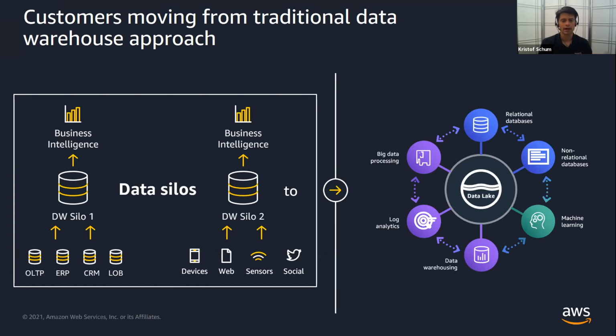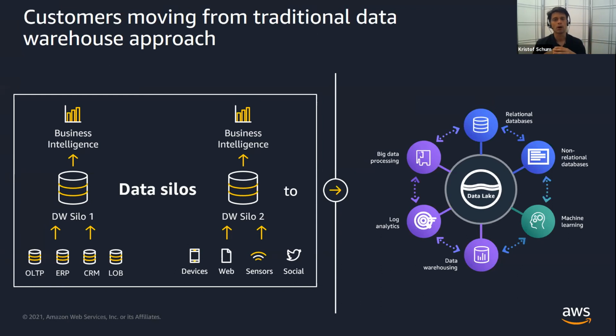So customers really wanted the ability to use the right tool, whether it be log analytics, documents, or graph data, and to move data between them at the periphery, or from the periphery into the data lake, or from the data lake back outside.